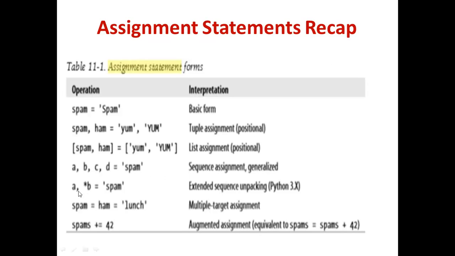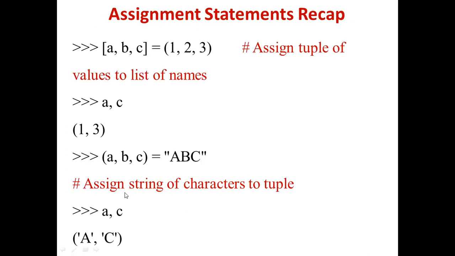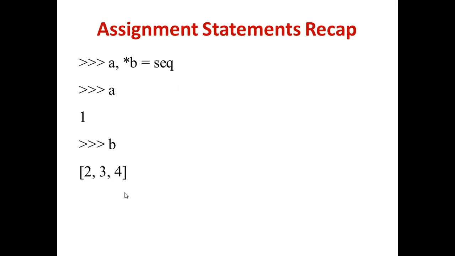Whichever remaining items there are will be assigned to the star variable. Only A is assigned the first character, and the remaining characters are assigned to B. In the same way here in this sequence, automatically 1 will be assigned to A, and for B the remaining items 2, 3, 4 will be assigned.